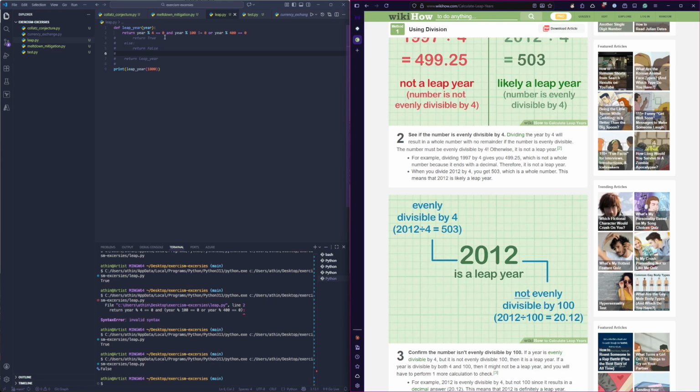If the remainder does not equal to 0, and the year remainder does not equal to 0, or no, I'm sorry, equal to 0, and I put an or. Did I put an or?